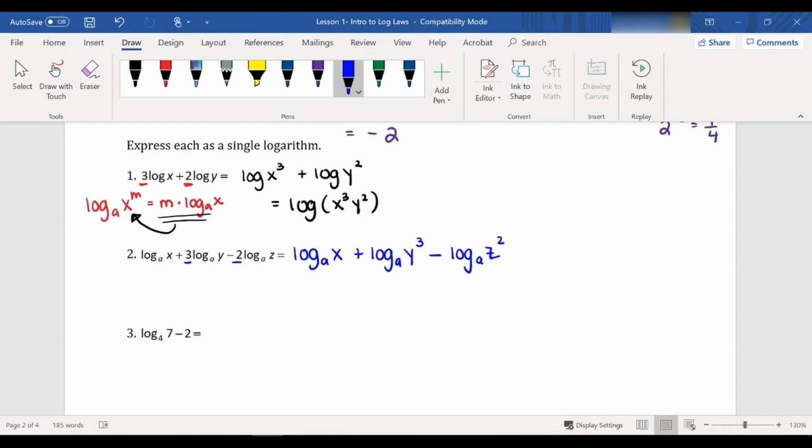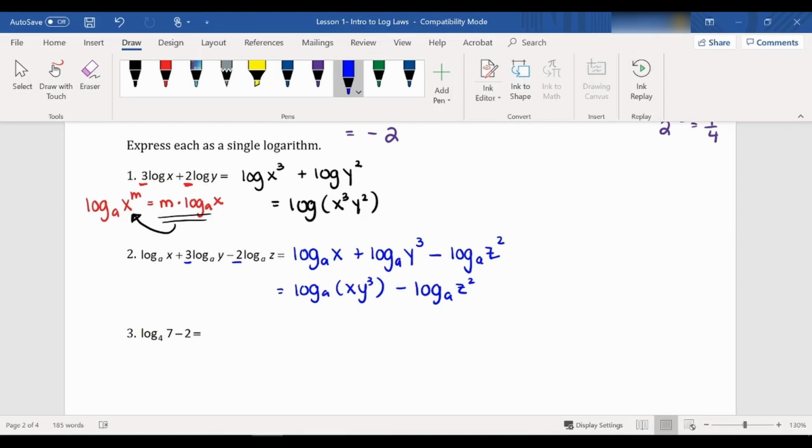So you can do this all at once, or you can work left to right. If you work left to right, we'd be doing our multiplying first, which would be x y cubed, if I rewrite the plus using our product law. And then for now, I would still have our minus log base a of z squared.